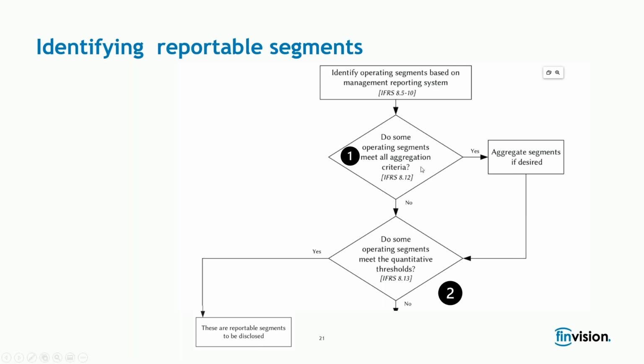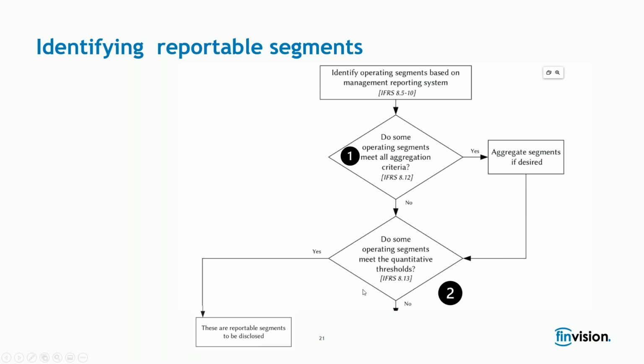Then, once you have made that assessment, the first step is to identify, do some of those operating segments meet all aggregation criteria? Those are qualitative aggregation criteria. If that is the case, you can start to aggregate different segments. And then move anyhow to the second step.